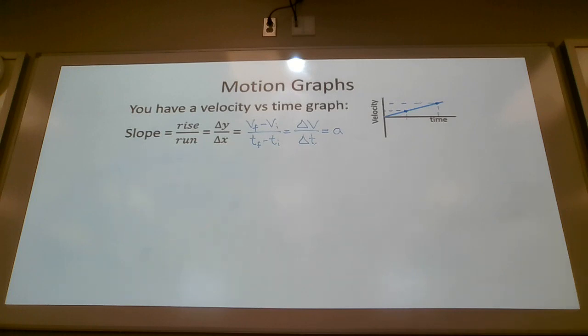The slope of a velocity versus time graph gives you acceleration. Cool with that. This is a little foreshadowing for when you take calculus. Slope is the same thing as derivative. So when you take the derivative of a velocity versus time graph, it gives you acceleration.